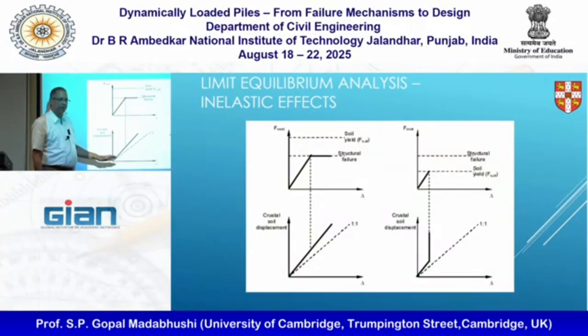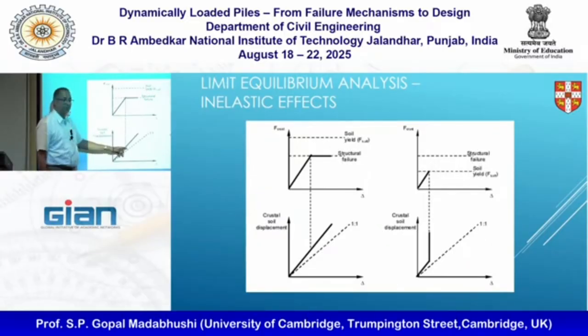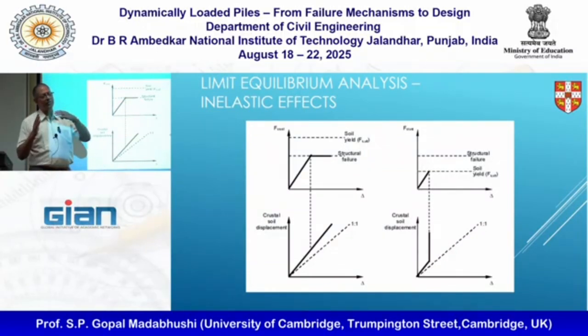Now, one thing you want to make sure is if I draw a line 1 in 1 with a slope of 1, that means the pile movement and the crust movement are exactly the same, right? So, if that is the case, the pile should not see any force. When the crust displacement is more than the pile displacement, that's when trouble begins, because that's when the soil wants to move more, the pile doesn't want to move as much, therefore the soil will collide with the pile and therefore will create the extra earth pressure.